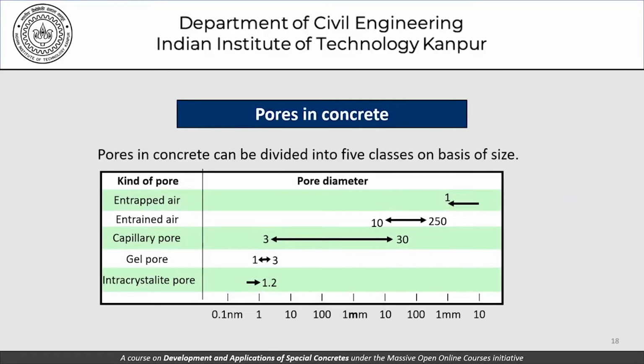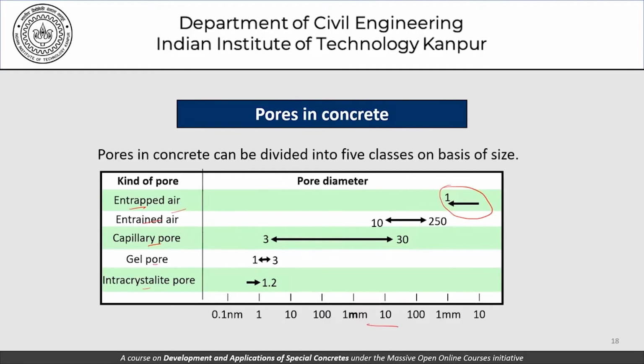Here is a distribution of pores in concrete as far as size is concerned. These are the 5-6 different types of pores that we have: entrapped air, entrained air, capillary pores, gel pores, and intercrystallite pores. Now, entrapped air, as far as size is concerned, this is the diameter or size.